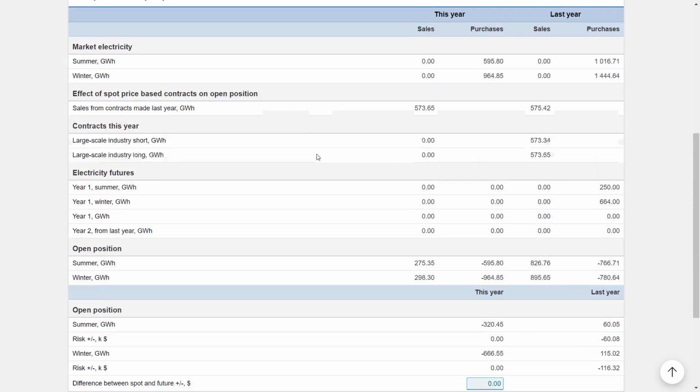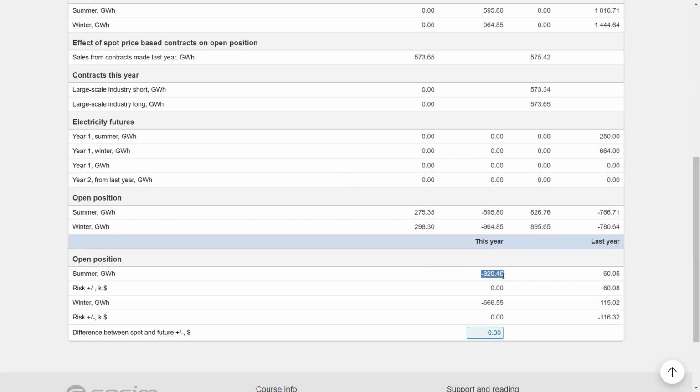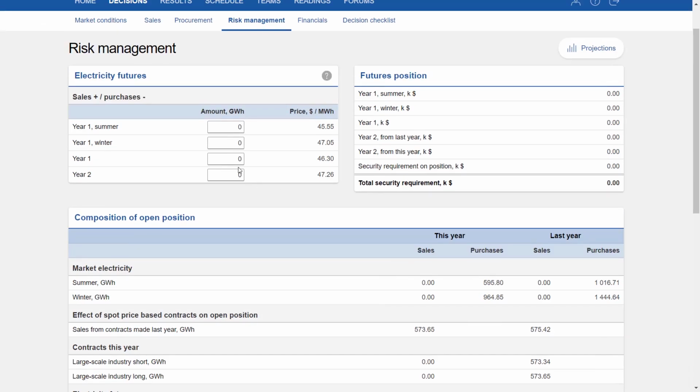Since we have this deficit in our sales versus physical position, if the spot price goes below what the futures prices are currently forecasting, then we will gain by leaving the position open.